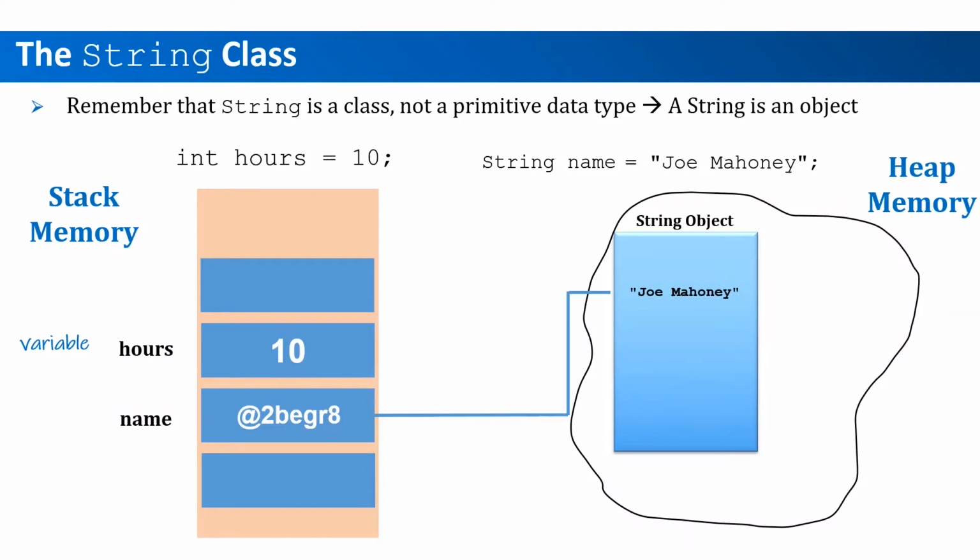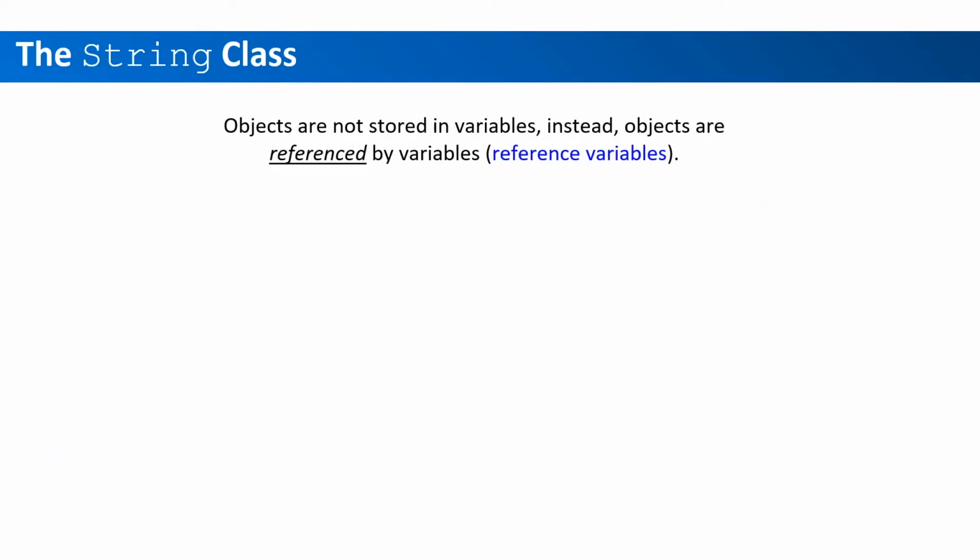That's why name in this example is referred to as a reference variable instead of just a variable, because it actually references the complex object in the heap memory instead of storing it like in the primitive data types. So once again, objects are not stored in the variables. Instead, they are referenced or pointed at by the reference variables in the stack memory.